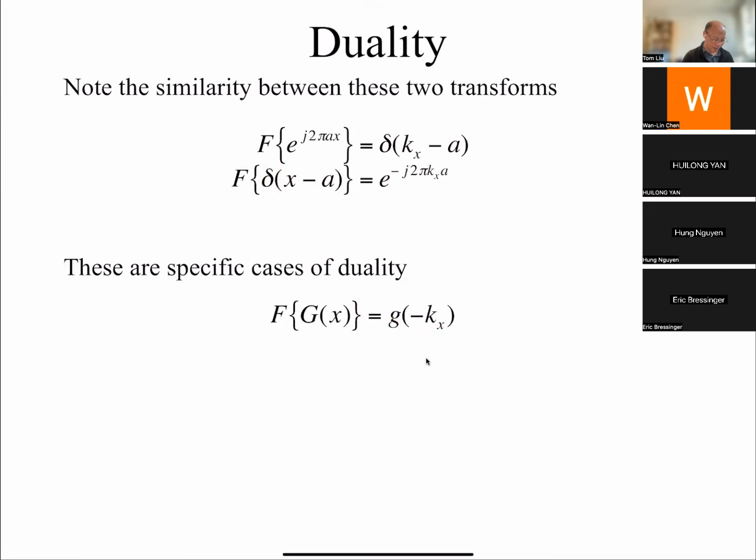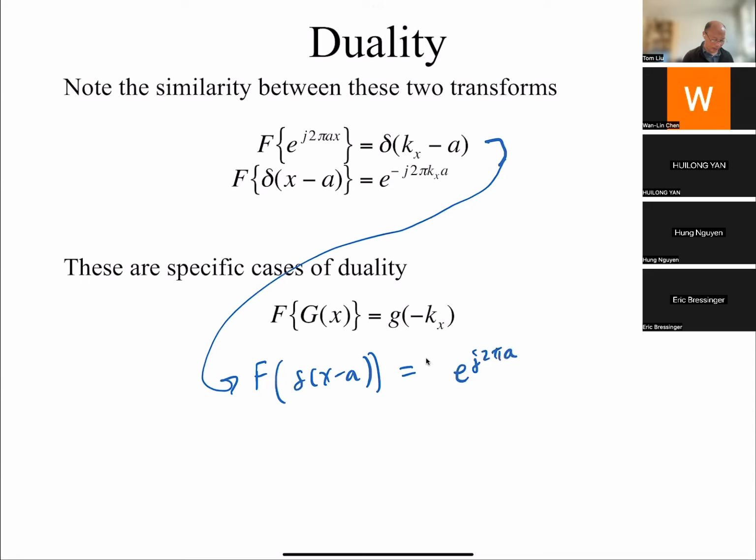So, for example, if I take the Fourier transform of delta of x minus a, that's just this function, but I replaced x with a, kx with x, then it should be e to the j 2 pi a, let's see, yeah, of minus kx, right? And that is the answer, e to the minus j 2 pi kx a, okay?